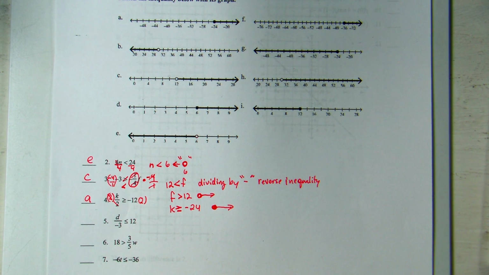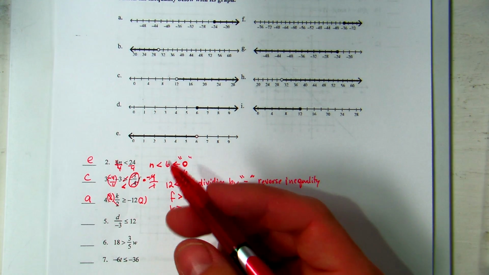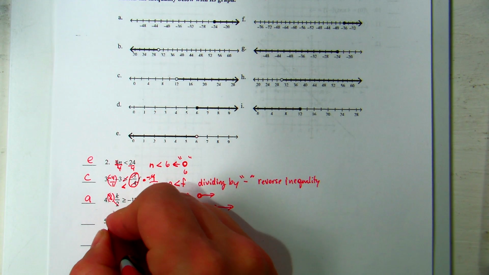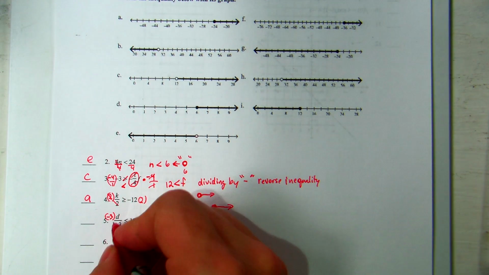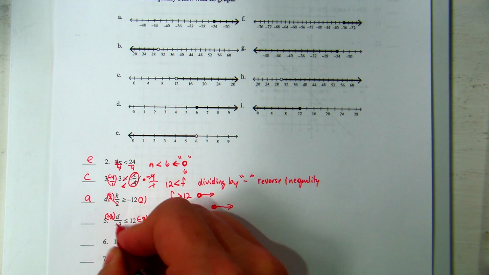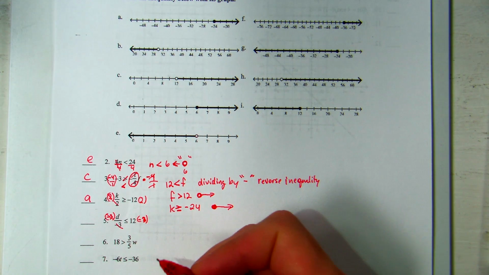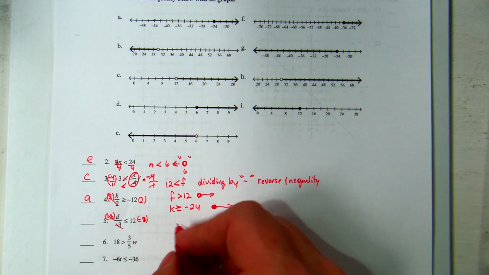Number 5, we've got a negative 3. We're divided by negative 3. Again, how do we undo division? Multiply by negative 3, and multiply by negative 3 on the other side. Yes, we've got to change the sign. We've got to reverse the inequality because we multiplied by a negative.